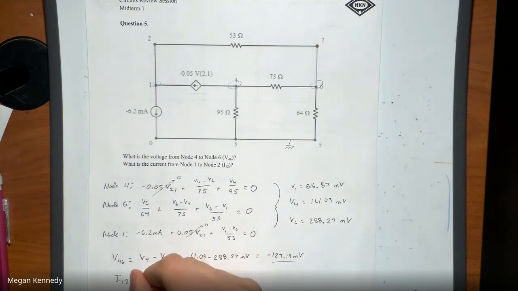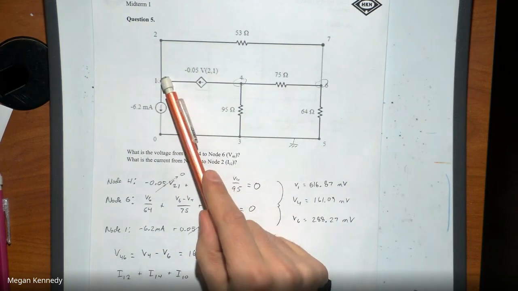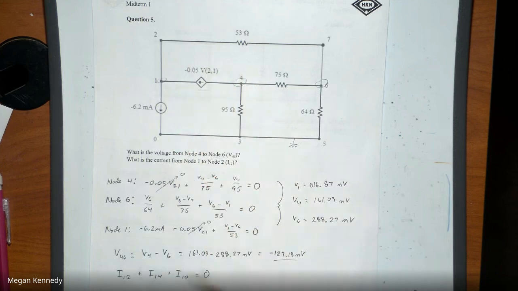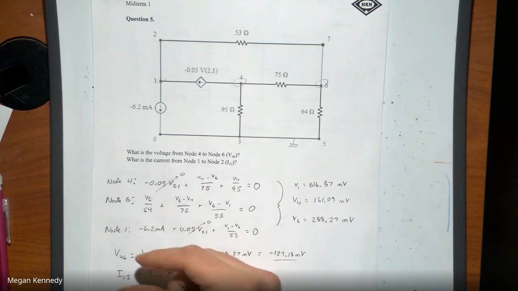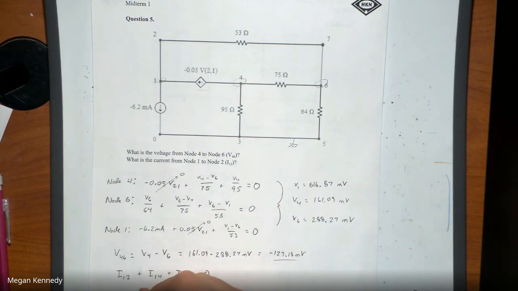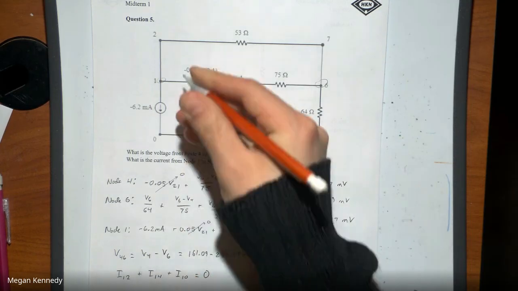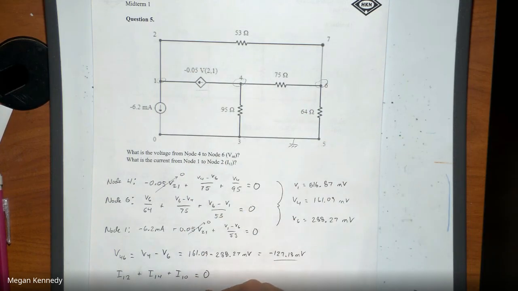So I know that I12 plus I14 plus I10 is equal to 0. So we're just applying KCL at node 1. I'm going to substitute in values. So that tells us that I12 plus 0.05 V21 minus 6.2 milliamps is equal to 0.